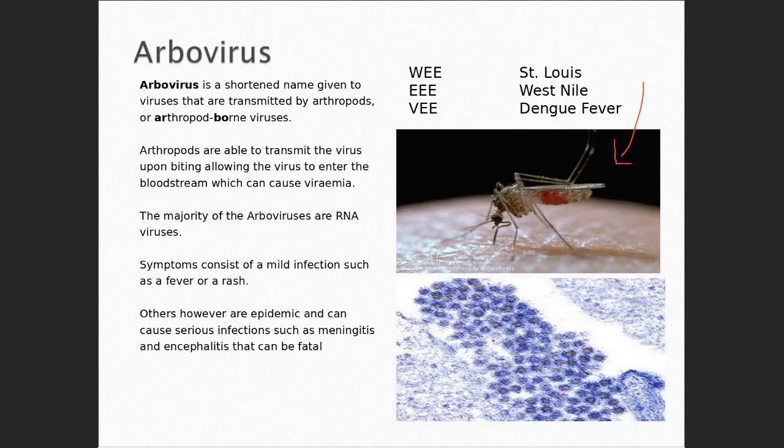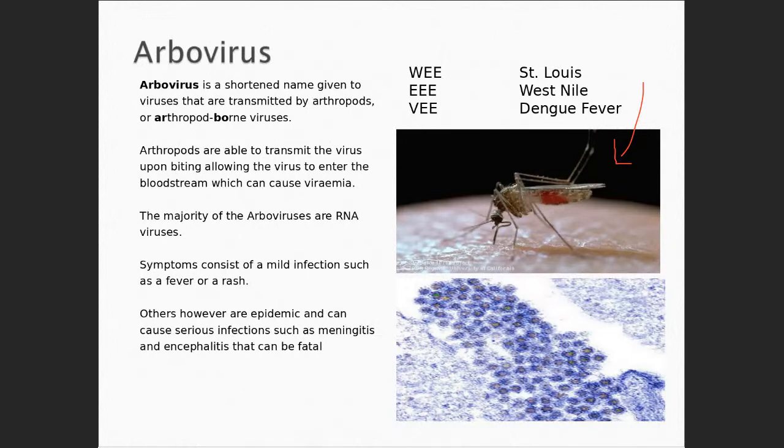But in other cases, you can develop pretty serious infections with these viruses, including meningitis, inflammation of meninges, or encephalitis, inflammation of the brain, and they can be fatal, right? Especially to the populations that are most susceptible to these types of infections. And in this case, it's the very young kiddos up to about 10, and then the elderly, right?